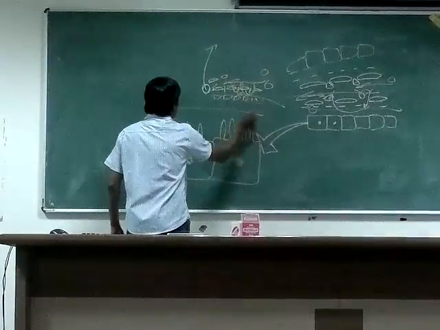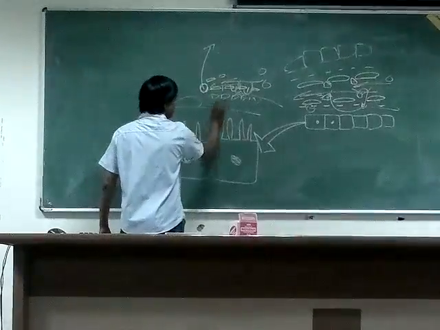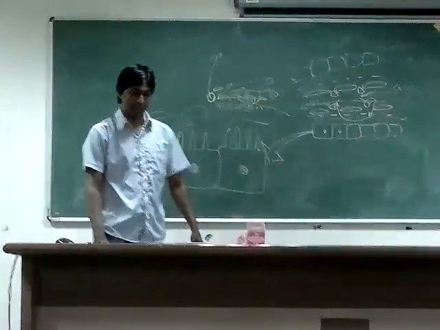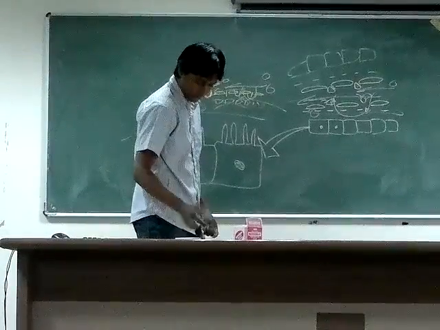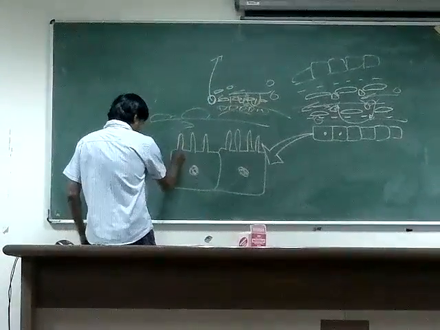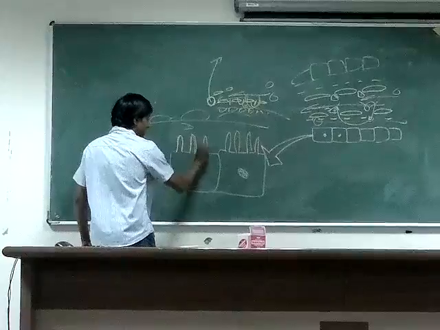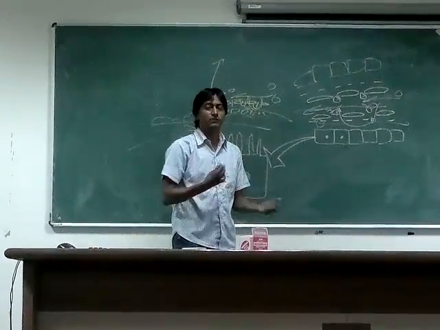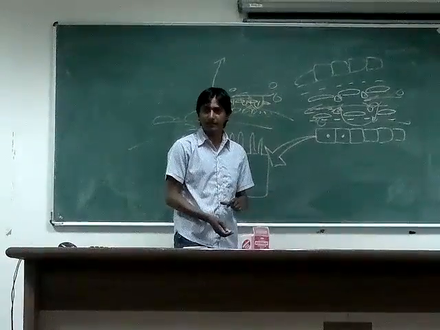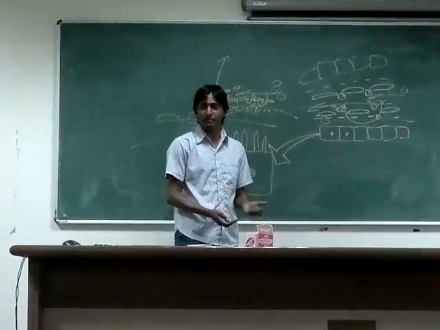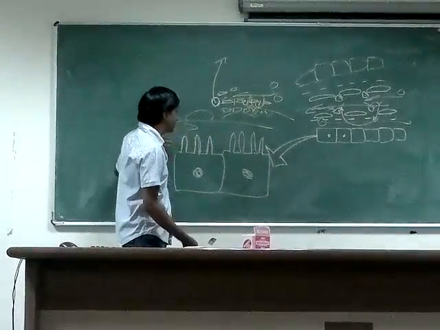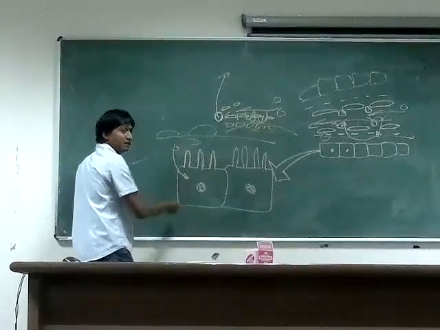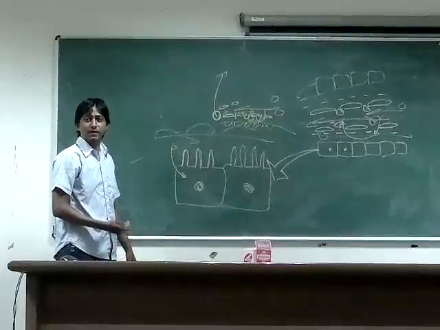This is your sinusoid, and this is the base. Because of these villi, there is an increase in surface area, so transport occurs easily. Many transport mechanisms occur here in the space of Disse. Suppose an amino acid comes inside the hepatocyte and becomes a plasma protein.